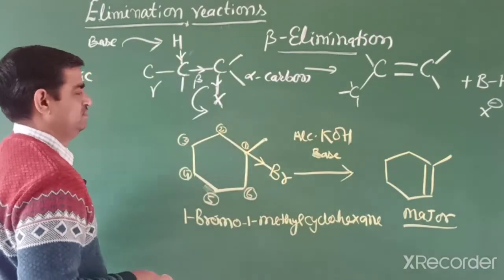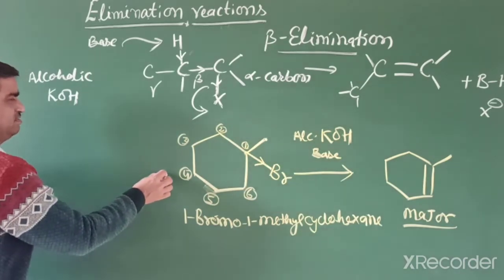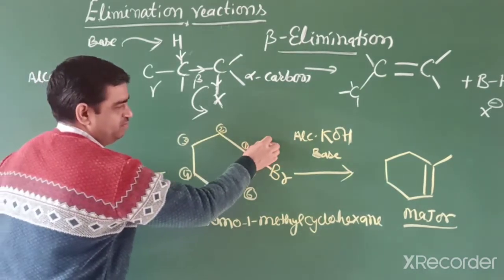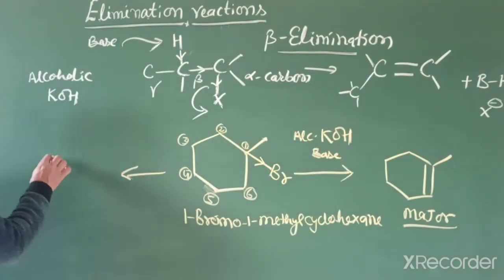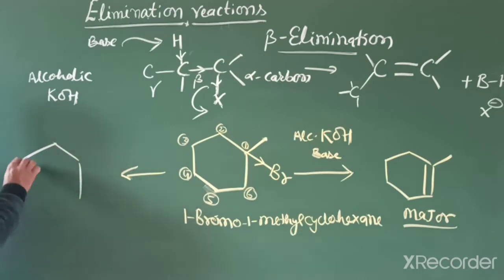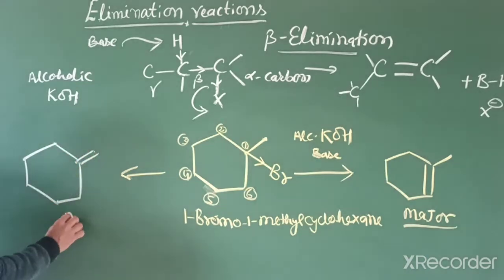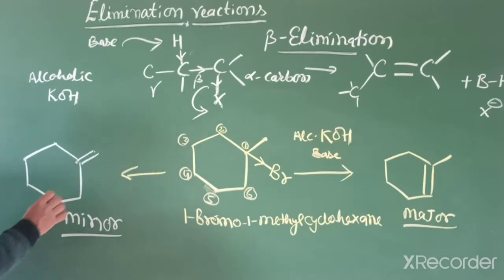And the other one is the minor product. What can we write? The minor product, if it is removed from this carbon, its product is like this. In such an alkene, this one is the minor product, the lesser product.